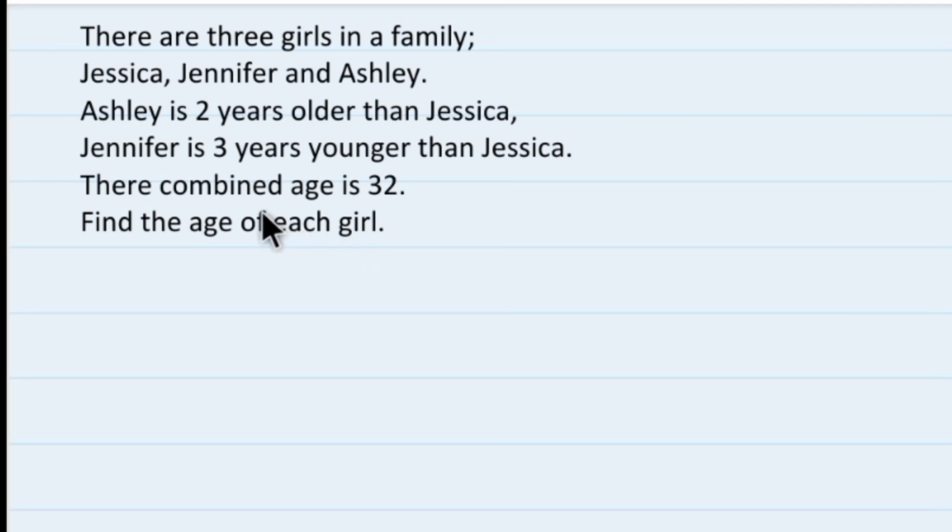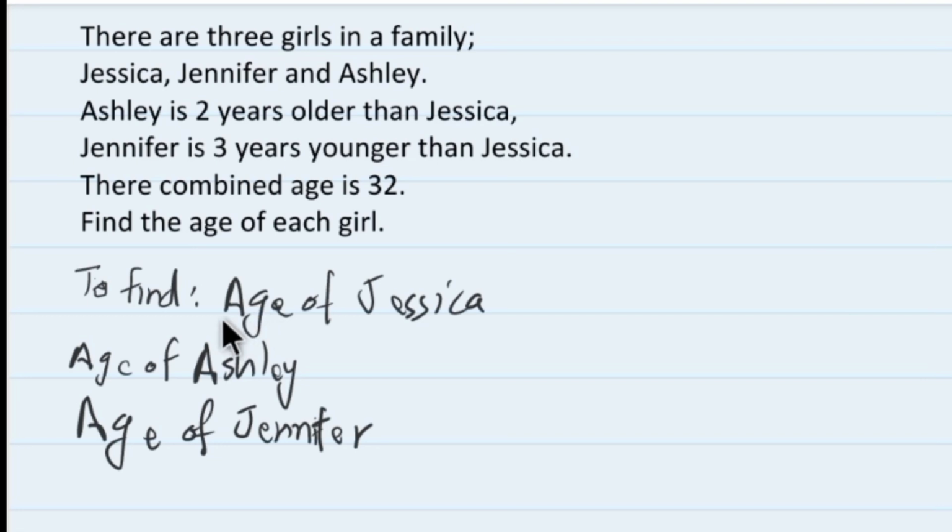So we have to determine 3 quantities, or 3 unknowns, that is the ages of the 3 girls: the age of Jessica, the age of Ashley, and the age of Jennifer. So to whom should we assign a variable and write the ages of the others in terms of that variable?